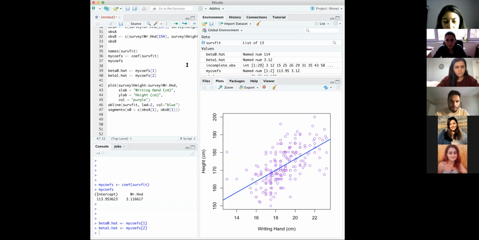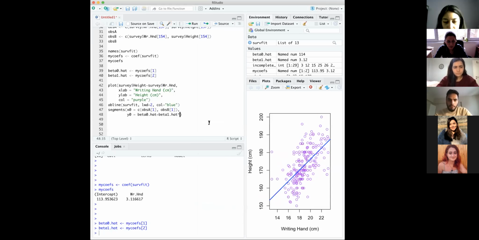Maybe you remember that we have to give y0 values also, okay? And for my y0, I have beta 0 hat plus beta 1 hat, okay? And times, you should add your explanatory variables in here. They are my observation A and observation B in here.